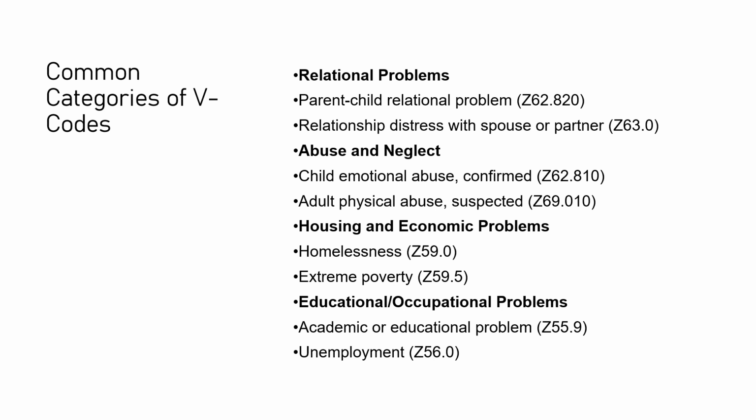Abuse and neglect: we have child emotional abuse or adult physical abuse suspected. Housing and economic problems: homelessness and extreme poverty. Educational or occupational problems: academic or educational problems, or unemployment.